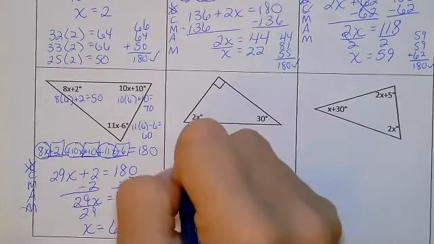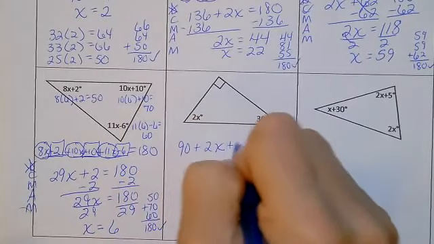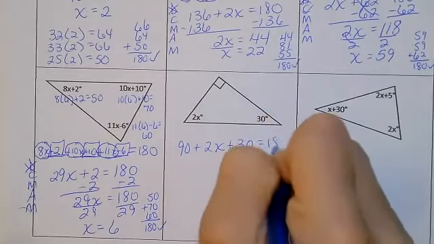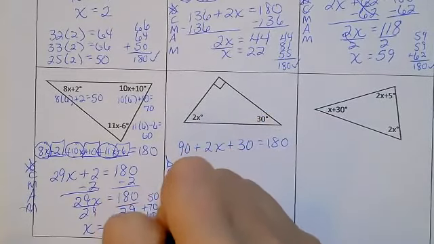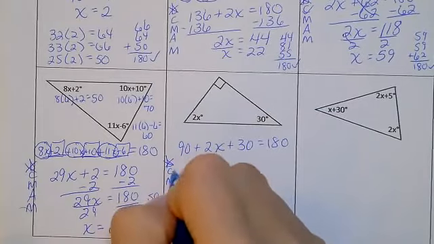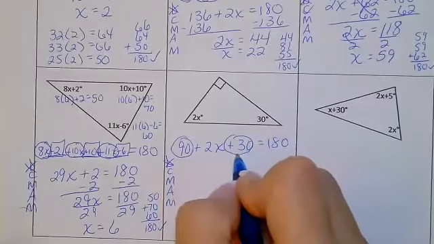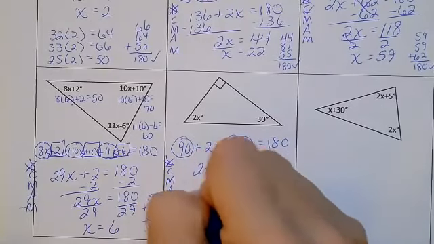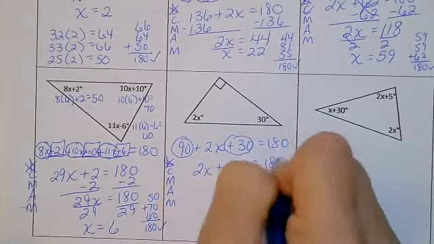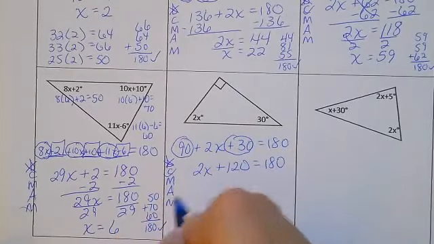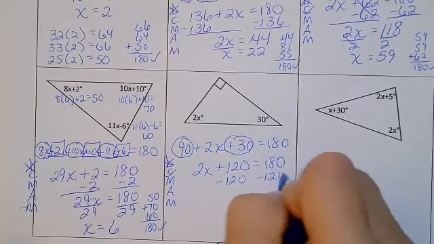Okay, add these three together. I would have 90 plus 2x plus 30. Don't need to distribute, but I do need to combine. I have these two constants. 2x plus 120 equals 180. Let's move 120 over here.